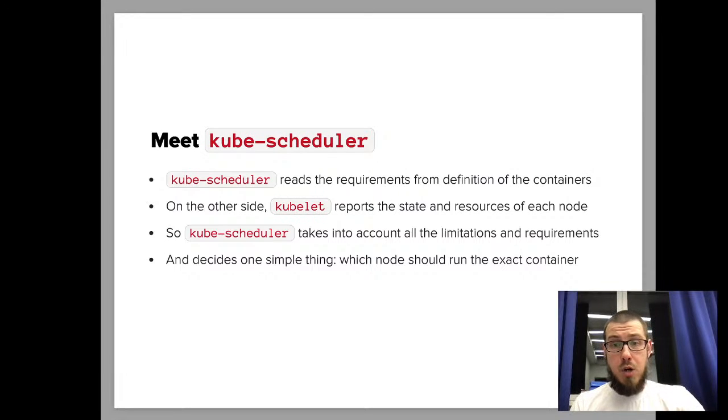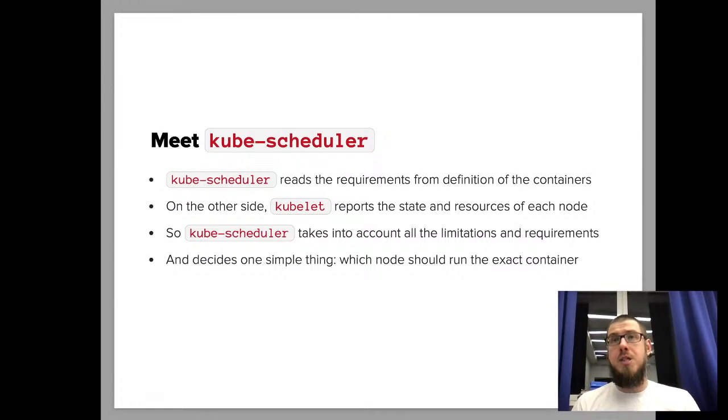It reads the requirements from the definition of the containers. When you are defining the container to run, you can set the requirements there, meaning how much CPU time you would like to have, how much memory you would like to have. On the other side, kubelet reports the states and resources of each node.